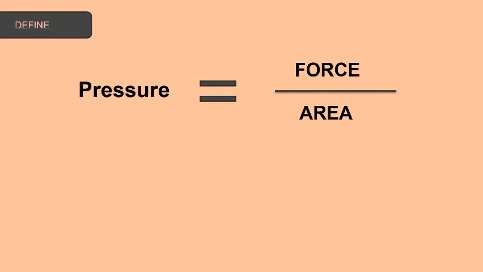We already know that the SI unit of force is a Newton denoted by N, and that of area is a meter squared. So, the SI unit of pressure is a Newton per meter squared.